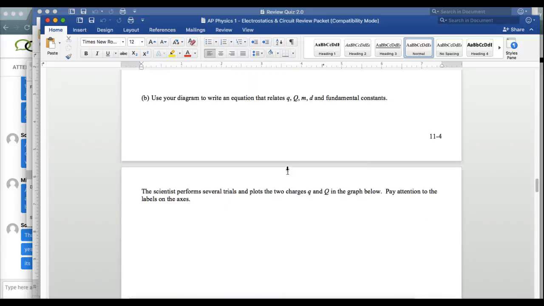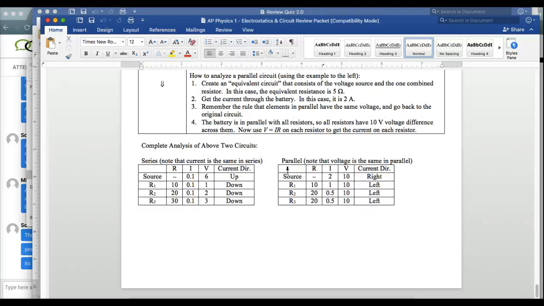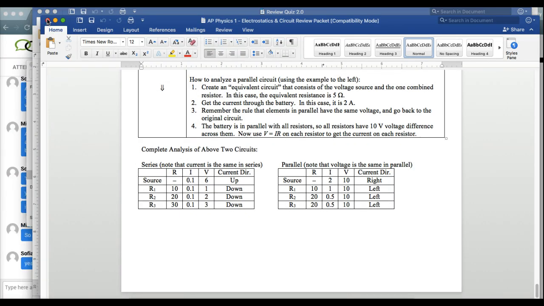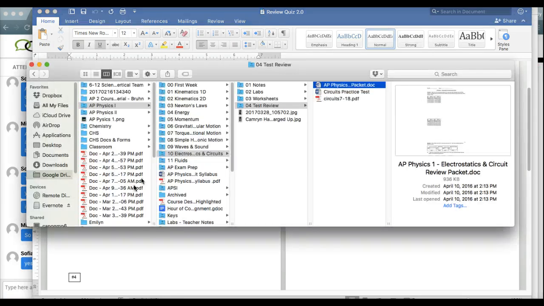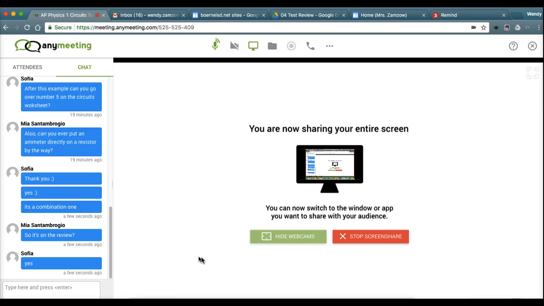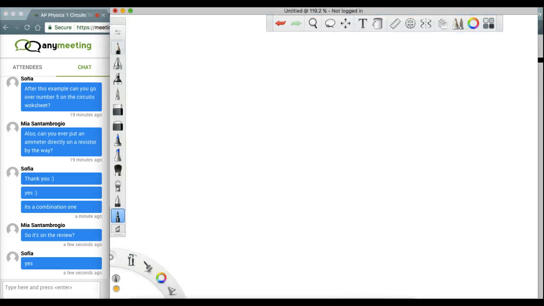No, it's not in here, is it? Okay, I'm just going to have to draw it. Yes, it is on the review. Okay, I'll draw it real quick.